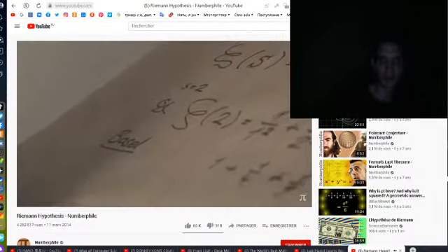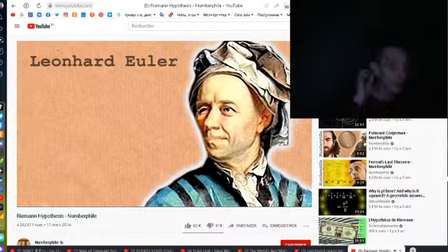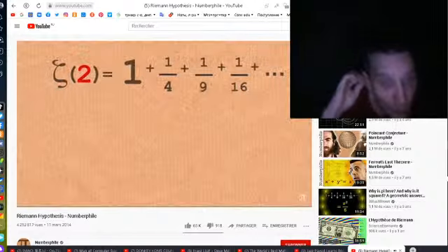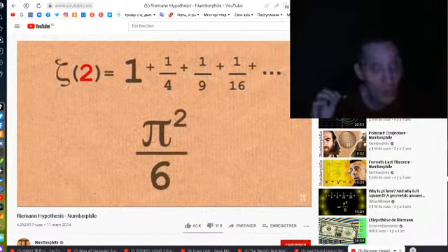And this Basel problem was solved by a great mathematician, Leonhard Euler. And the answer is very surprising. What Euler showed is that this sums up to pi squared over 6.